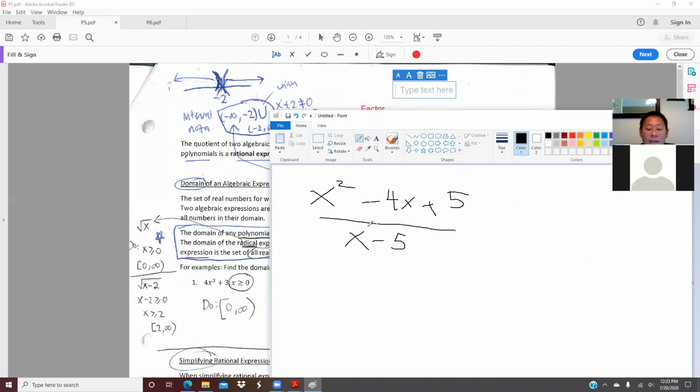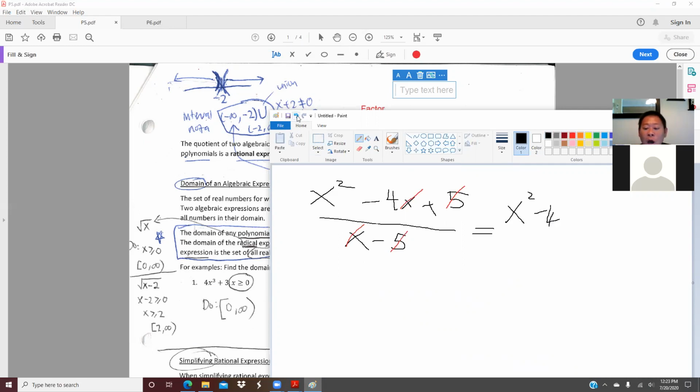A lot of students say, oh, I can cancel this one and this one. So I get x squared minus 4. That's it, because this is gone, this is gone. This is completely wrong. And in the test, if you do this, you get 0 points, no points at all.